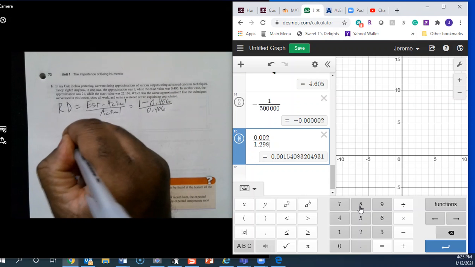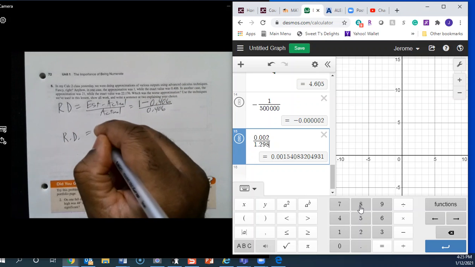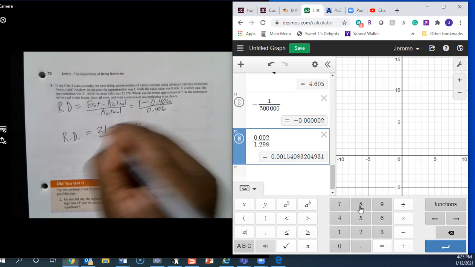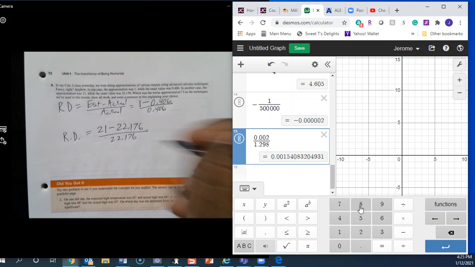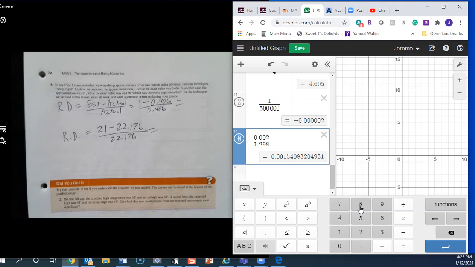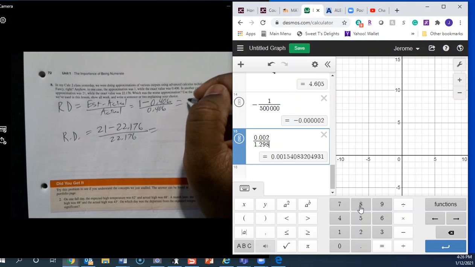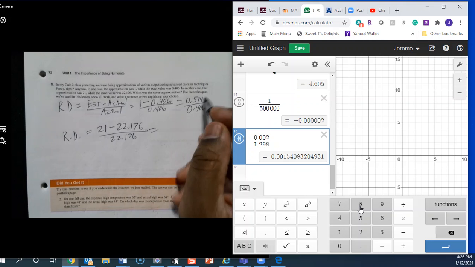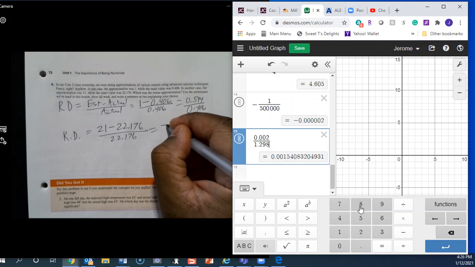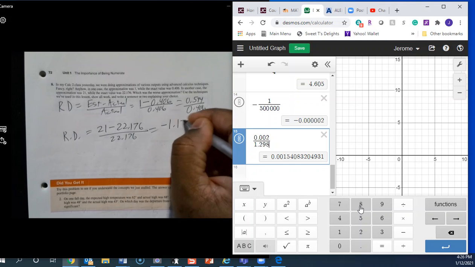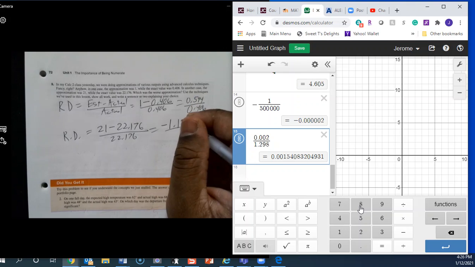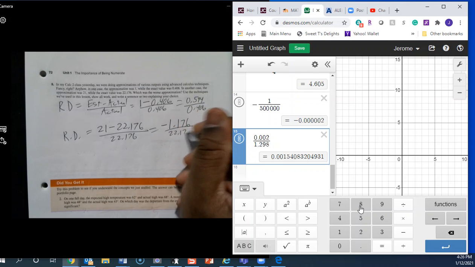Now, in the second scenario, the estimate was 21 and the actual was 22.176. Now, when we put this in our calculator, it'll be 0.594 divided by 0.406. Down here, it would be a negative 1.176 all over 22.176.